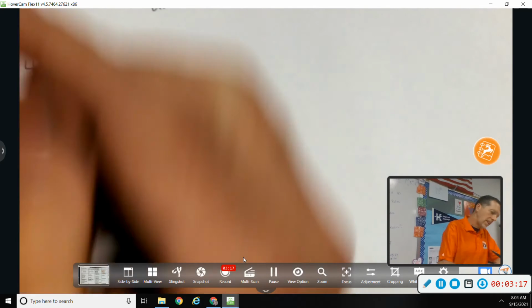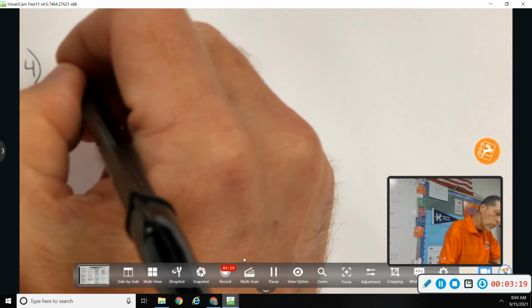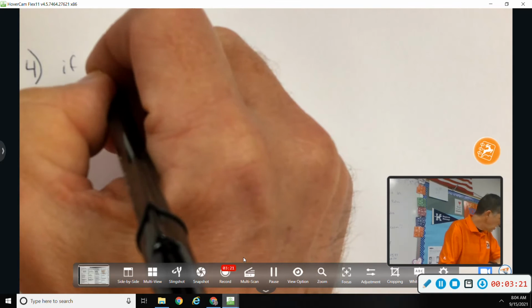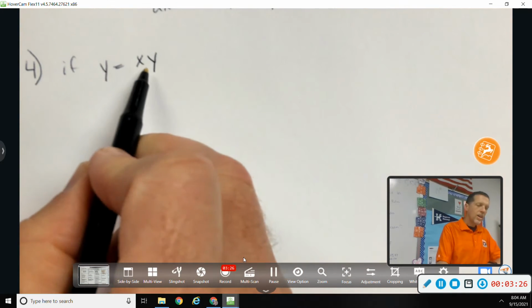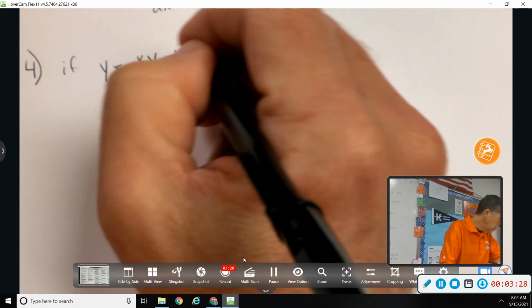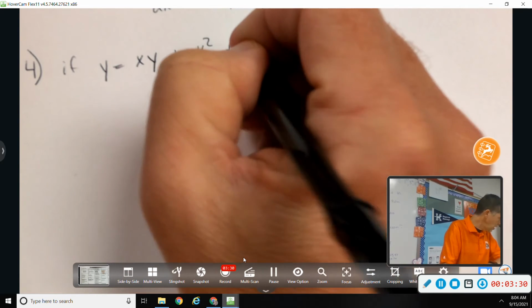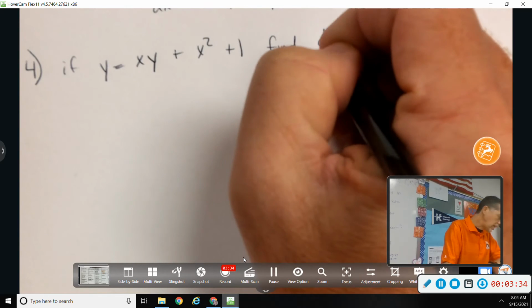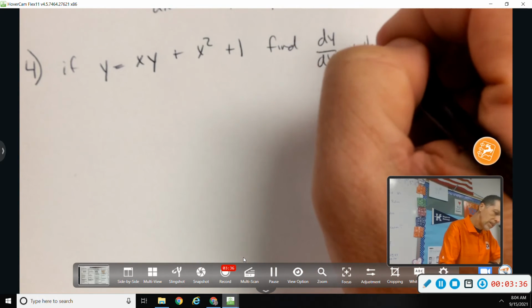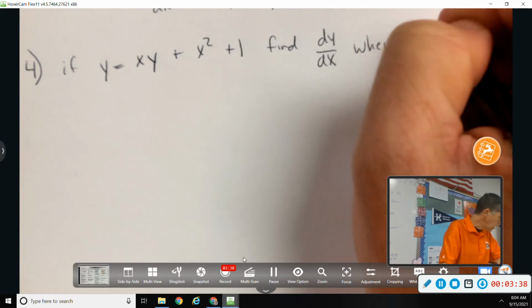Let's skip ahead a little bit to number 4. If y equals xy plus x squared plus 1, find dy/dx when x equals negative 1.